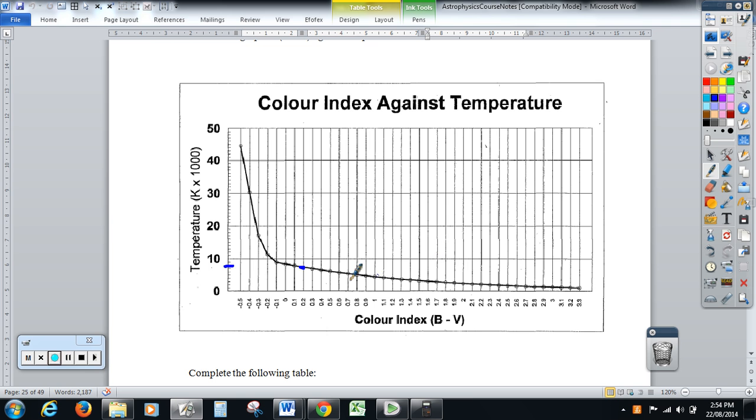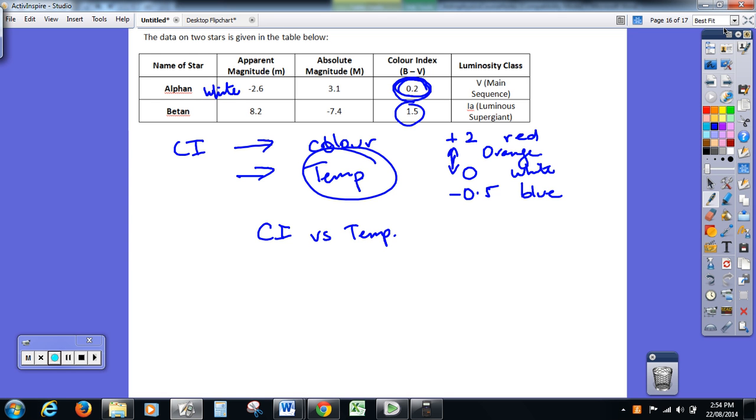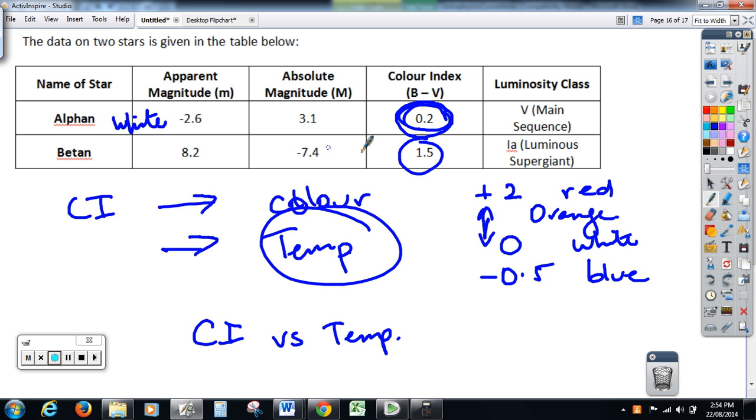And if we just read sideways, that's 8,000 K. So we can determine the temperature of both stars by simply going through and having a look at that. So I want you to take a few moments now to determine the temperature of Beta given that one there.